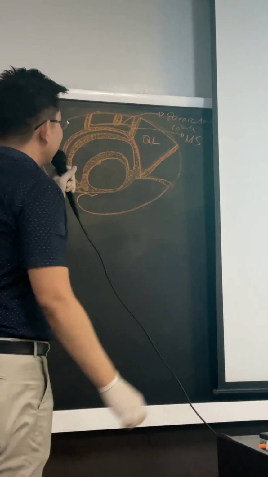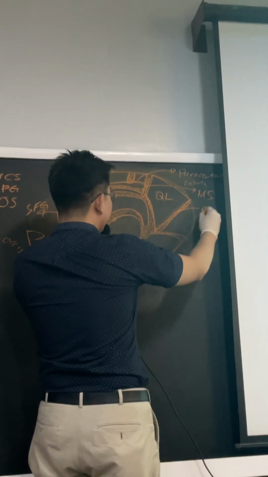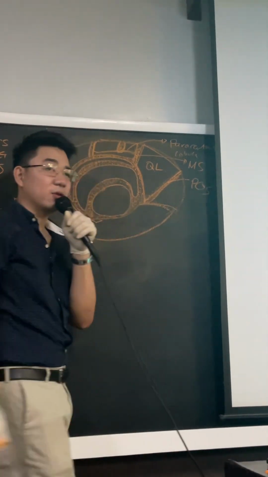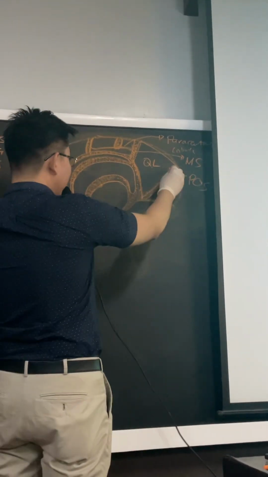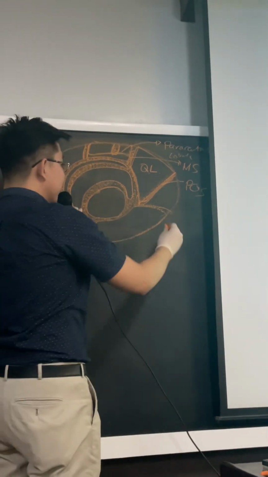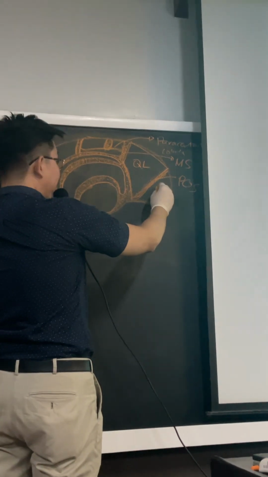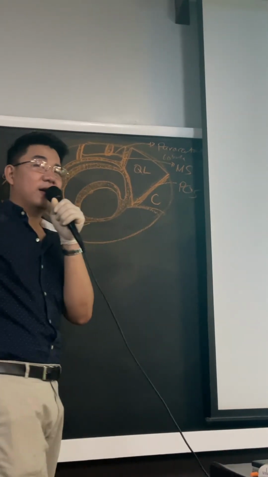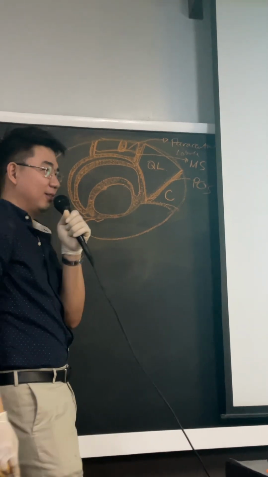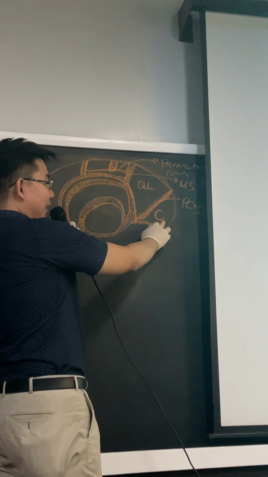Now, after the quadrate lobe, you have the parieto-occipital sulcus. And after the parieto-occipital sulcus, you have the cuneus. Of course, the precuneus is just before the cuneus.